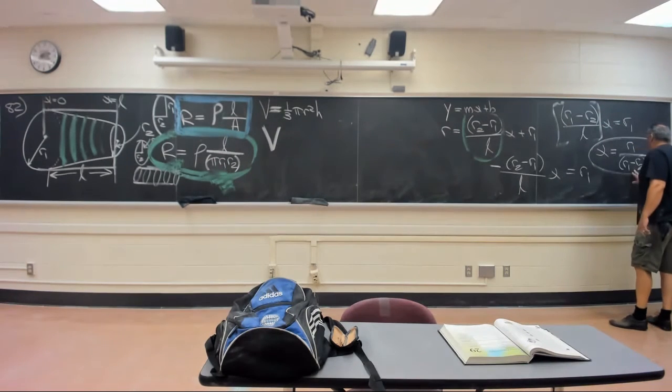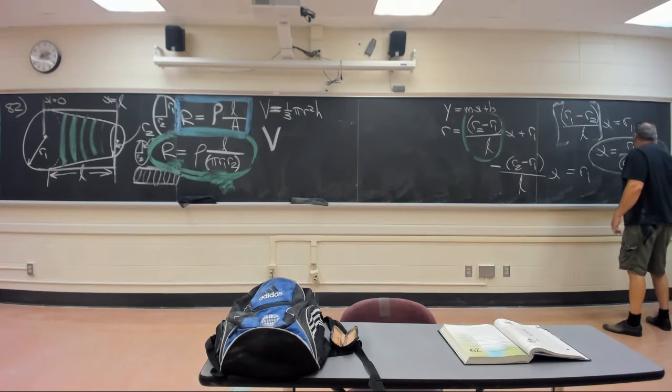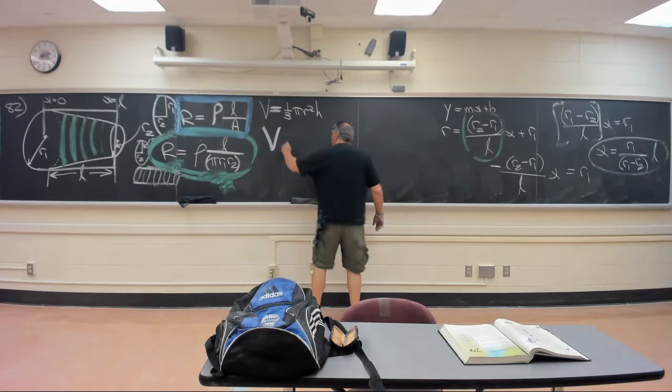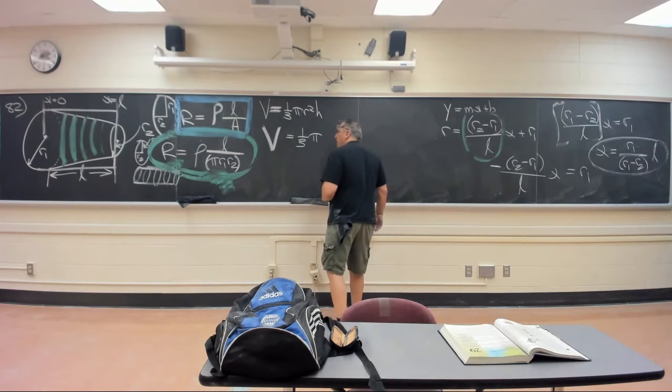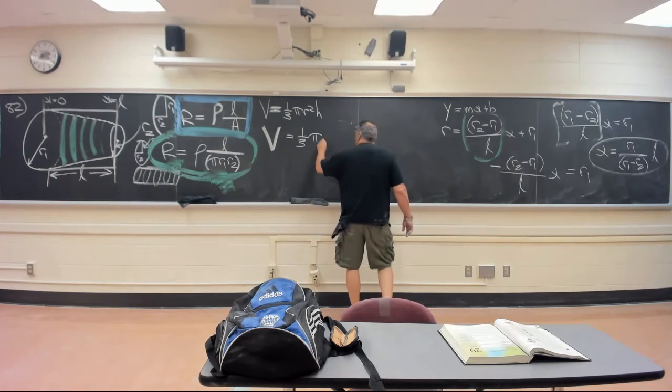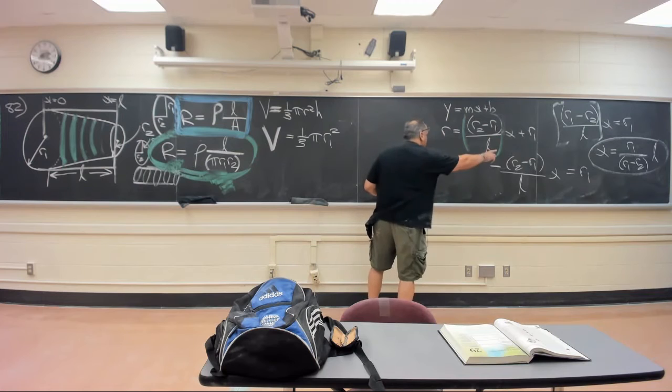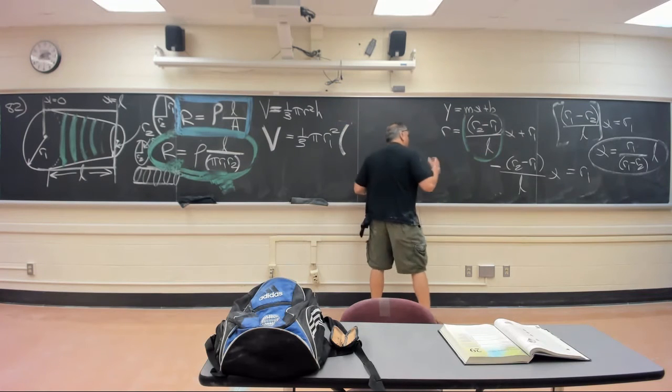This is the length longwise, so we'll say it's 1/3 pi r squared, there it is, times the length. That's that x. That's the long one, all the way across.